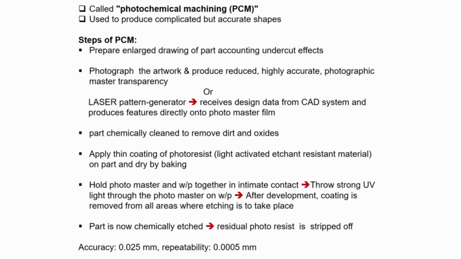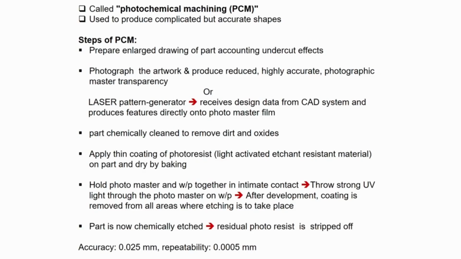Initially, a very enlarged view of the part is generated. After considering the undercut, generally an artist makes the enlarged view of the part. After that, whatever artwork is produced is reduced to the original size, which is a highly accurate photographic master transparency. Or you can make the master transparency, the master film, by a laser pattern generator.